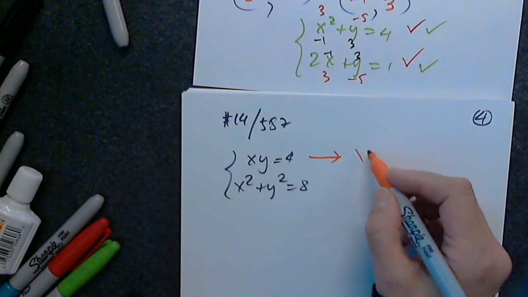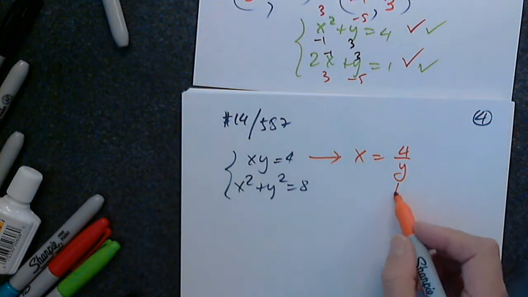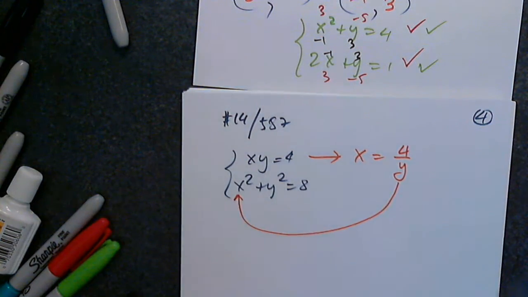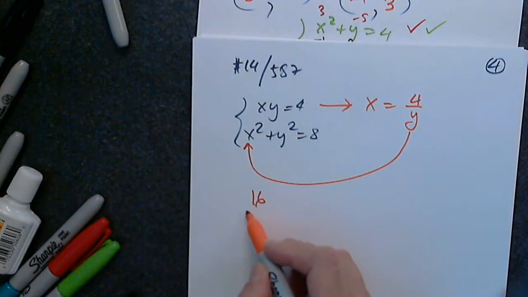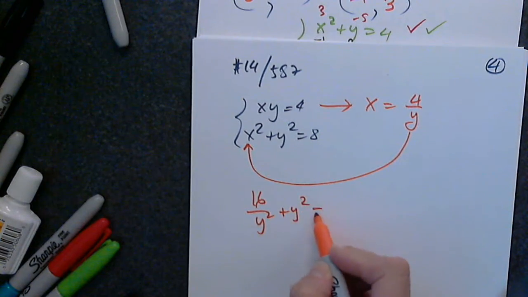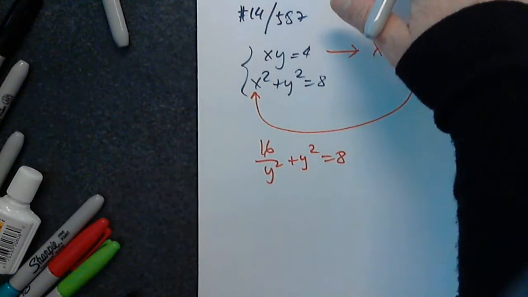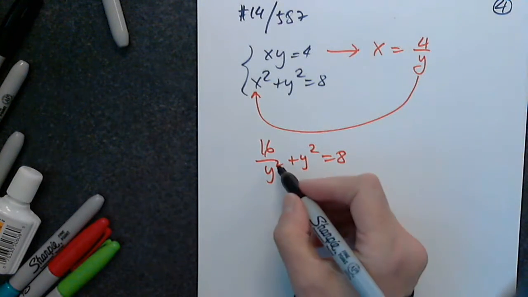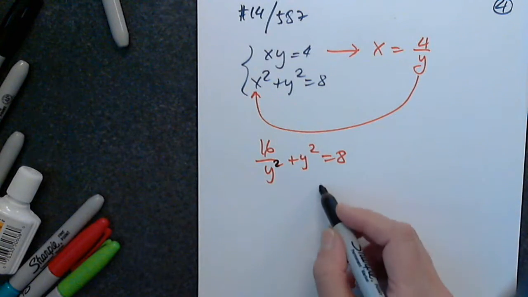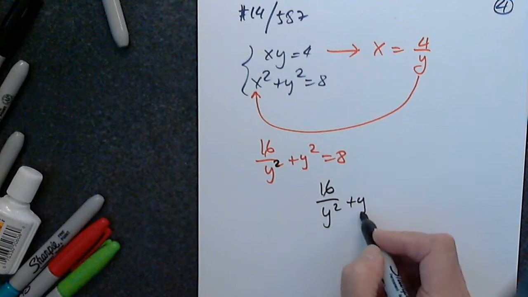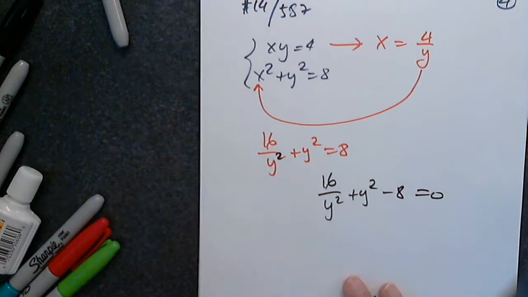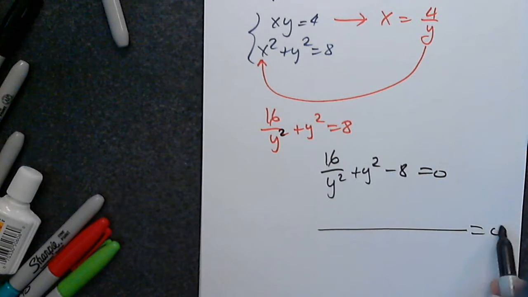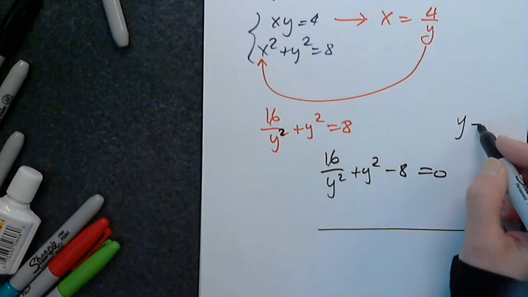If we want to solve for x, then we have 4 divided by y, and we have to plug it in the second one. So we have 16 divided by y squared plus y squared equals 8. This is not a trivial equation, right? It has the variable in the denominator, which makes it rational. So 16 over y squared plus y squared minus 8 equals 0, as we did a long time ago. And of course, y cannot be 0.